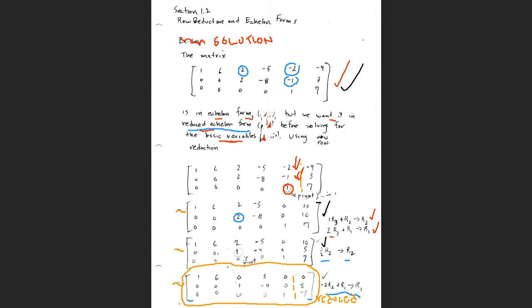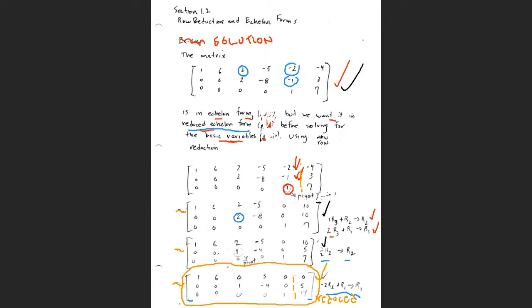So this is an example where you're going to get an infinite number of solutions. To see this, we will take this augmented matrix and rewrite it back into an associated system of equations. We're going to have 3 basic variables and 2 free variables.